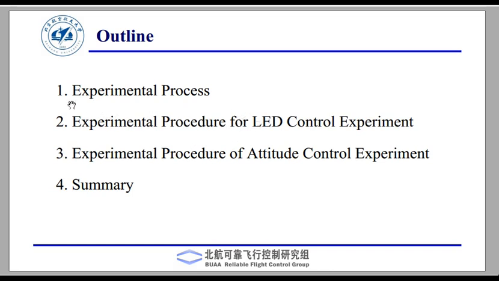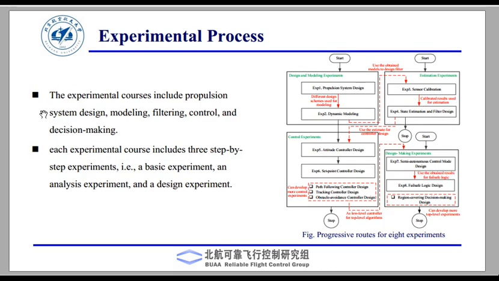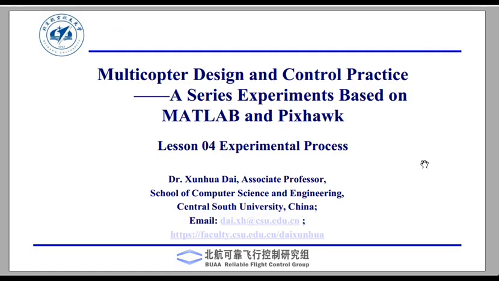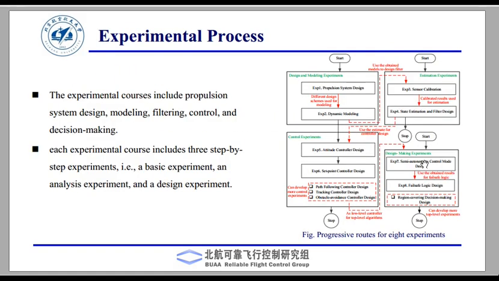Then we start, at the beginning, with the experimental process. The experimental courses include propulsion system design, modeling, filtering, control, and decision making, as you can see here. As I described in the first lesson, the introduction, each experimental course includes 3 step-by-step experiments.